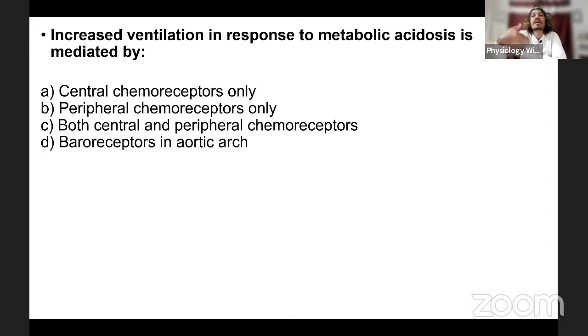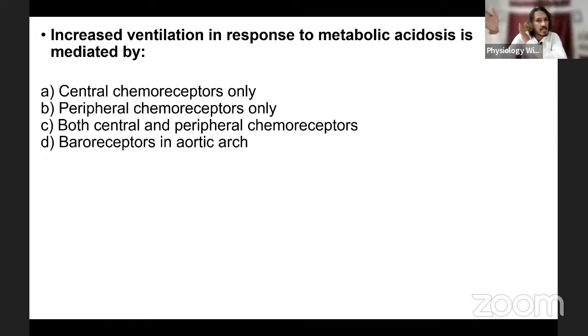But when increased H plus is there, something you learn in your renal system, we have a buffer system in our body. One of the buffer systems is the bicarbonate system, the most important buffer system. So when H plus is increasing and a metabolic acidosis is happening, the bicarbonates in the system will try to combine with that.